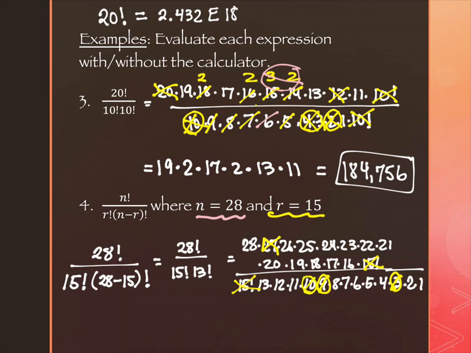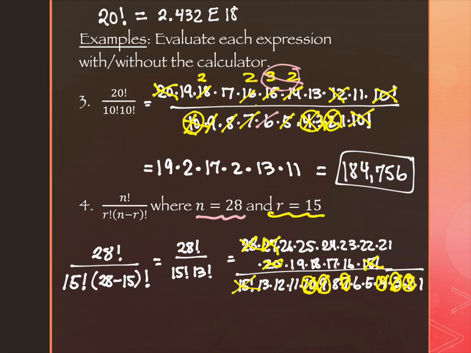Okay, the 10 and the 2 will make 20. 7 and 4 will make 28. I think that might be it for my pairs. I don't see any other pairs. Do you see any other pairs?